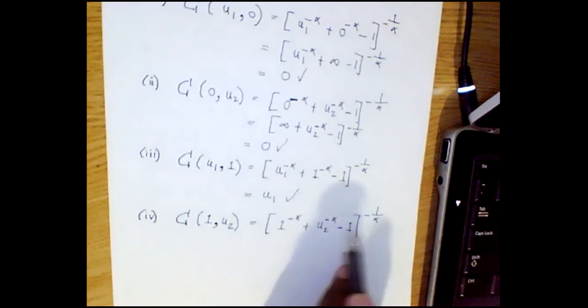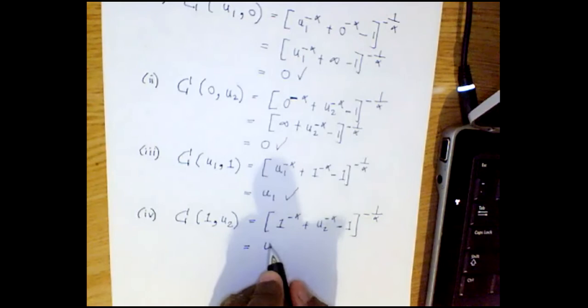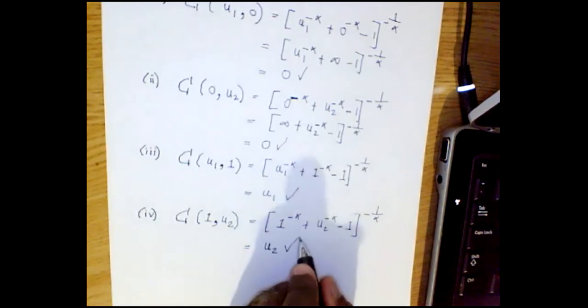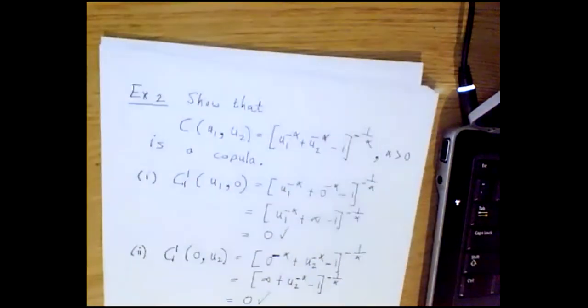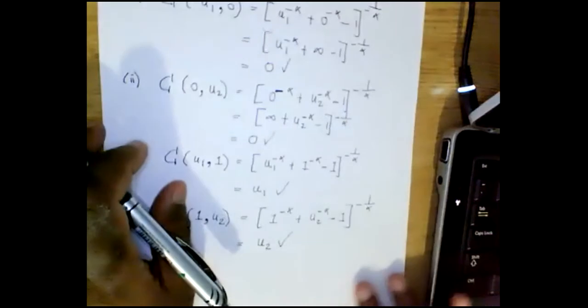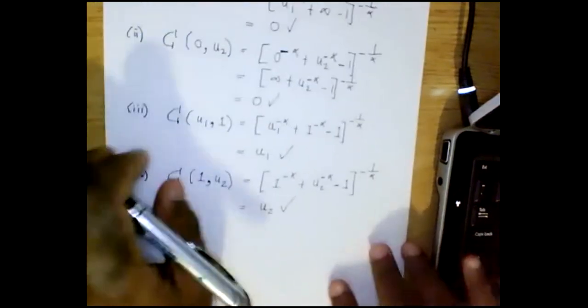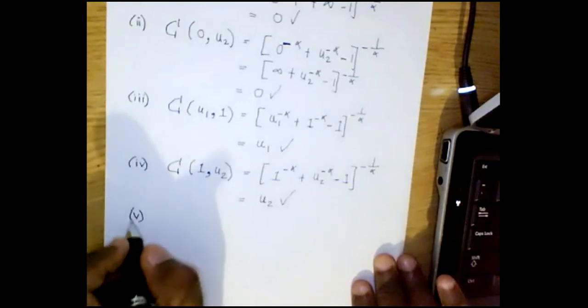So this power minus this power, this one is U2. So that condition is satisfied too, right? You guys with me so far? Let me know if you have questions, all right? Just don't be silent. If anything is not clear, please let me know.